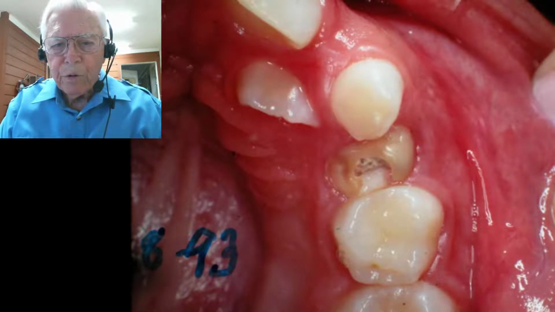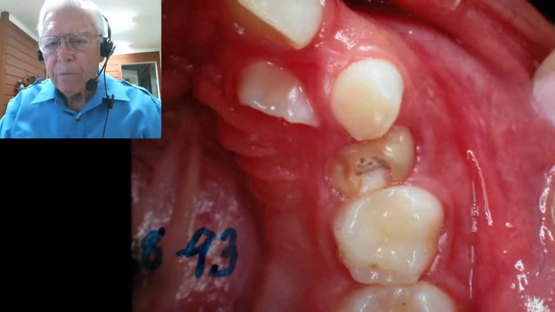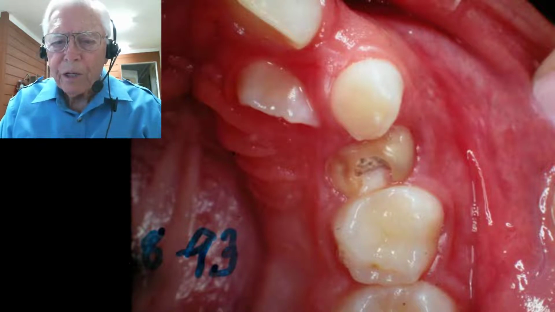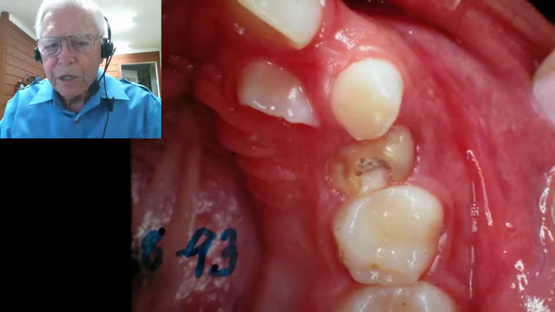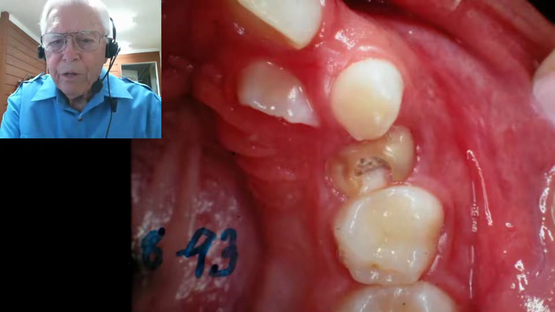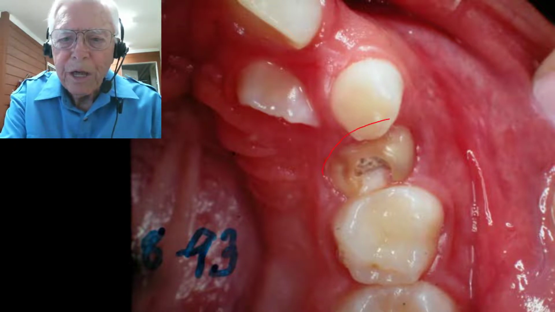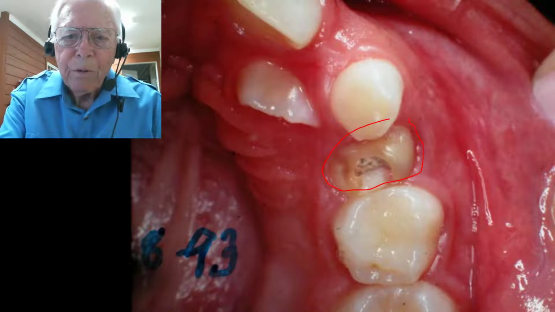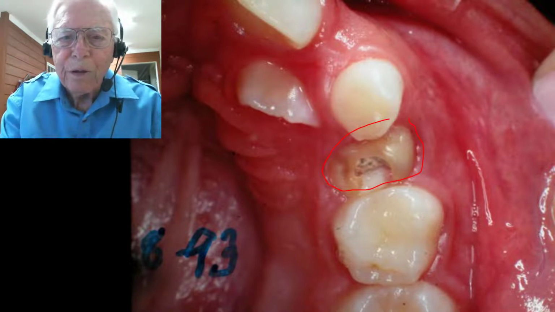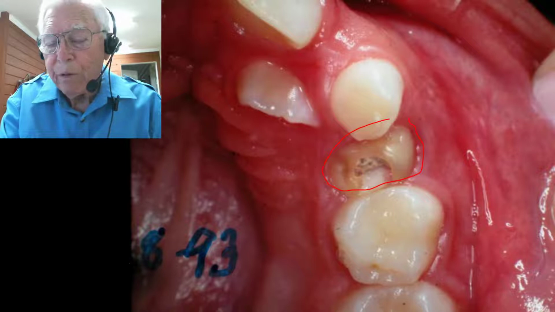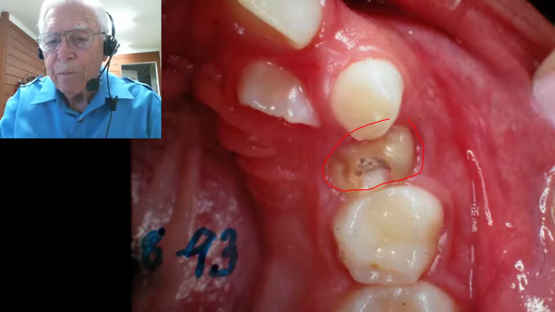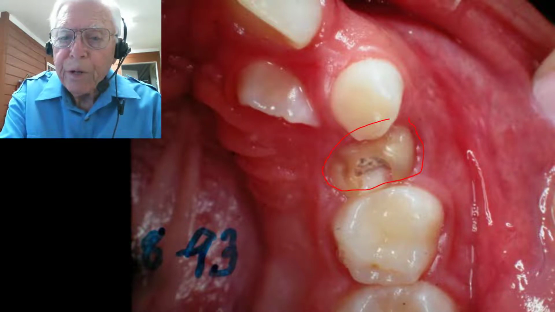Now, when you go after a cyst in this slow method, you try to go to what caused the cyst and get rid of that. In other words, we're going to take this out, and we're going to probably take the baby tooth up in here out too, and we may have extracted the other tooth, and then we kept the opening wide open.